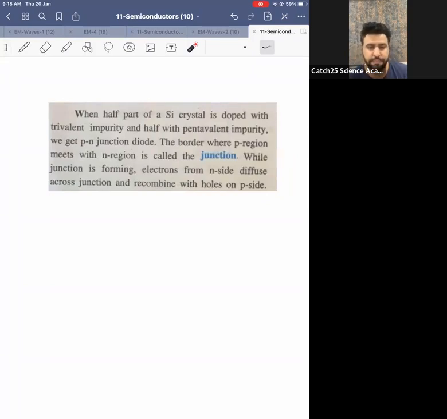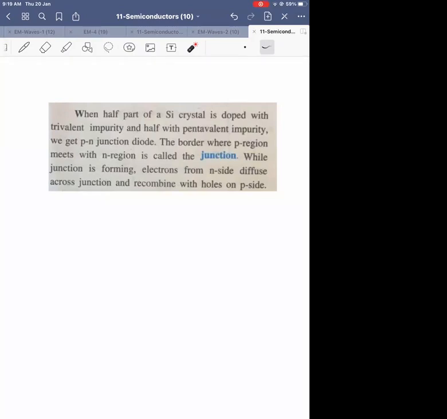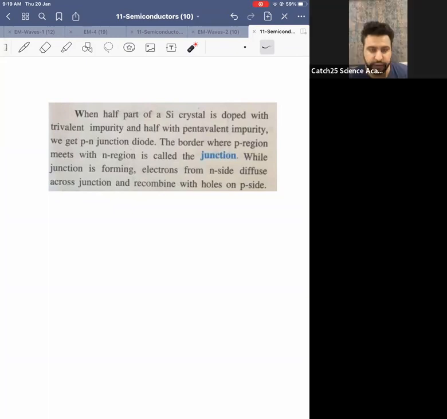Okay, finished? Below this, write down. The potential developed near the junction is called barrier potential.